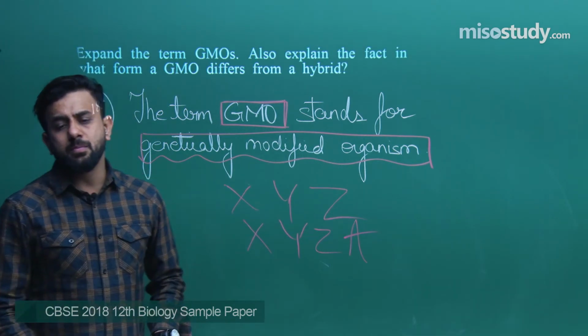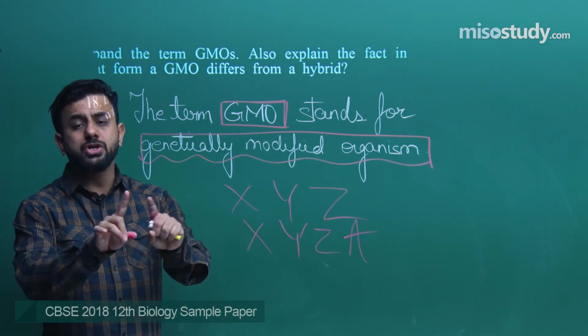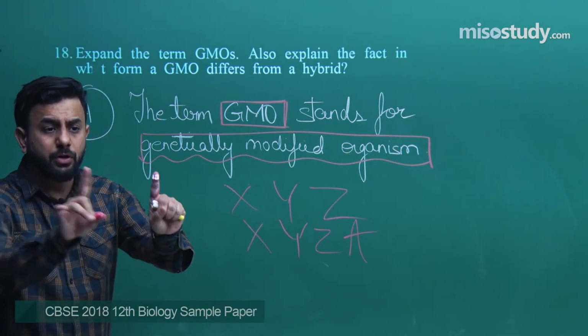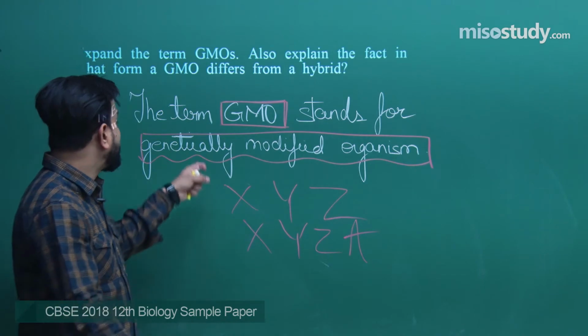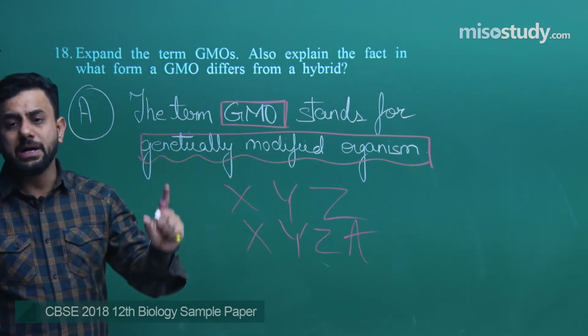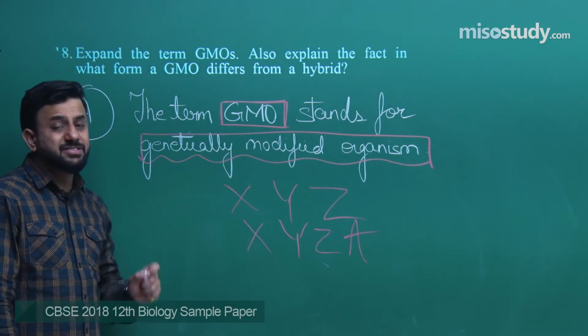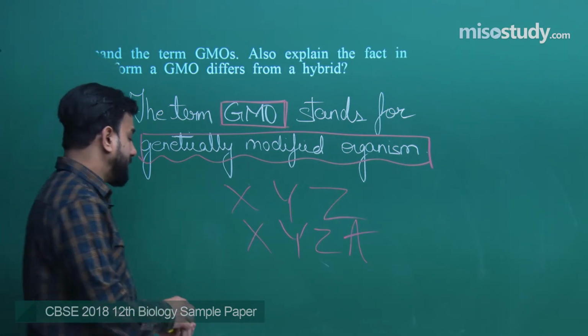My genotype has been modified. A new gene has come in, and that is why we say a genetically modified organism. The organism has been genetically modified.